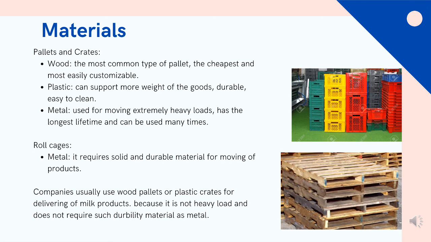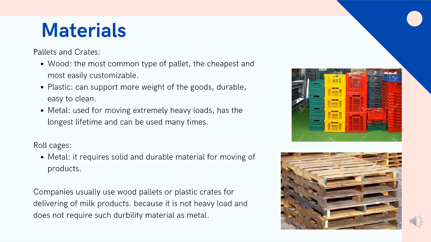Pallets and crates are usually made of wood, plastic or metal. Each of them can be used according to the specifics of the product and the delivery and storage requirements. Wood is the most common type of pallet, the cheapest and most easily customizable. Plastic can support more weight of the goods, and is durable and easy to clean.